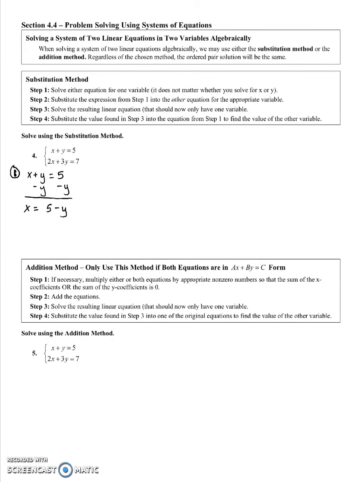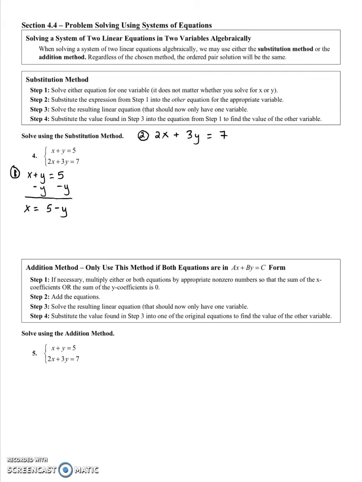What this equation, x equals 5 minus y, tells us is that instead of calling the variable x, we can call it 5 minus y. It's just a different name for the same thing. Then we go into step 2, and we take the second equation, which was 2x plus 3y equals 7.